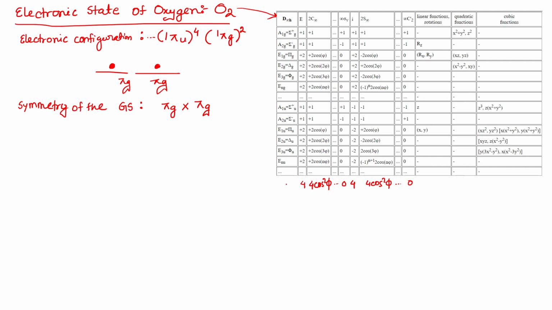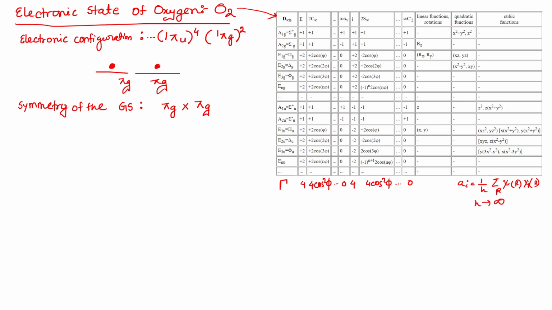Now, this is a reducible representation, right? But you can't use that formula, a_i equals 1 by h, sum over R of chi(R) into chi_i(R). Why? Because here h is infinity.